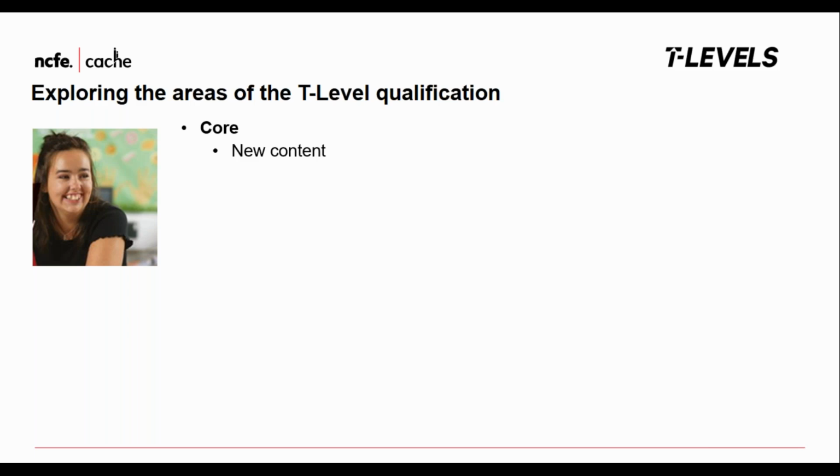And of course, the exams and the employer set project use differentiation through the types of questions that are asked. So the idea of recall, the idea of applying knowledge, and building up to some more open-ended questions. Those are the sorts of strategies that could be used within your teaching and learning, and I'm sure are used, but often without thinking that you're differentiating.